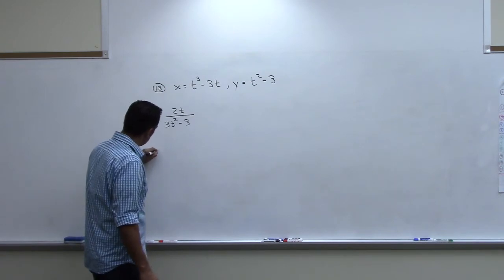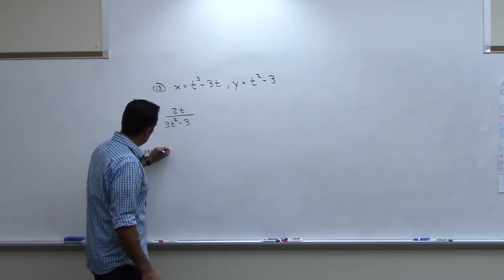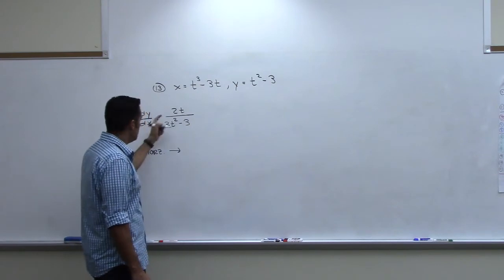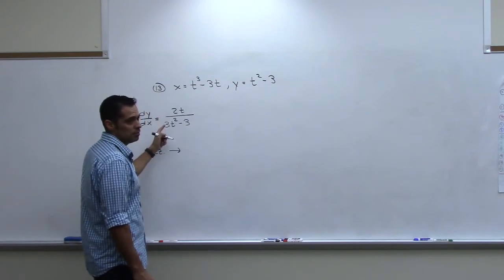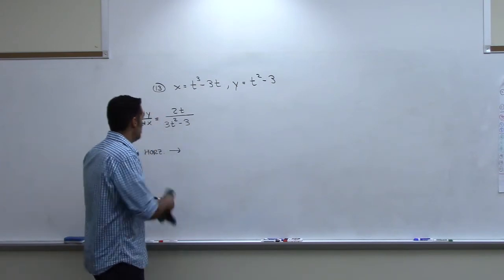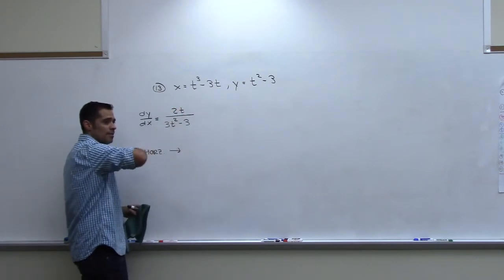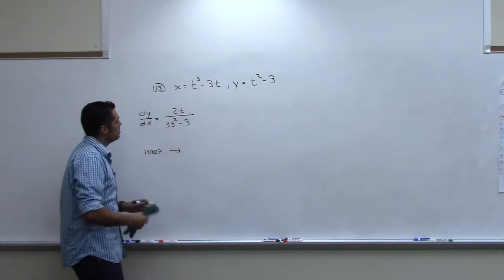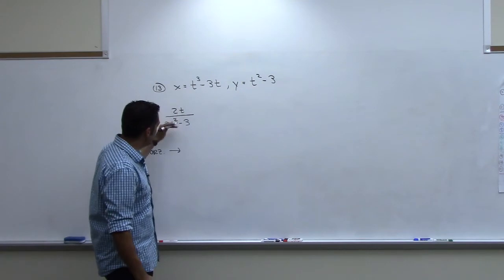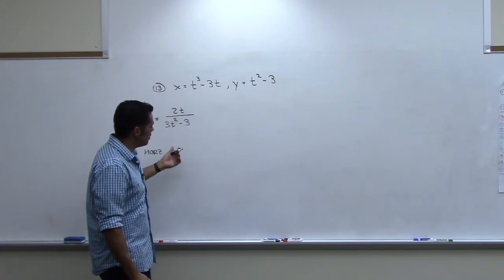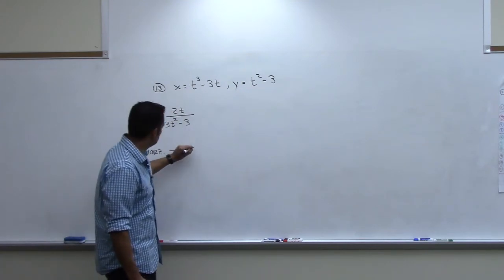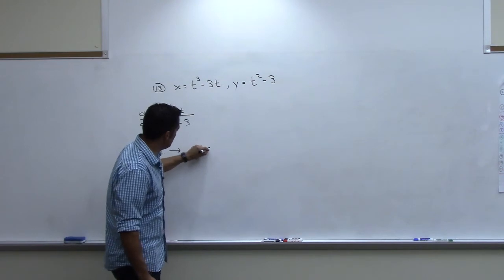Where is the tangent line horizontal? Well, that's going to happen when this is 0. When this is 0 is when you have a flat tangent line. So when you look at a fraction being equal to 0, it is only when the top is 0. So 2t equals 0, which means t is 0.